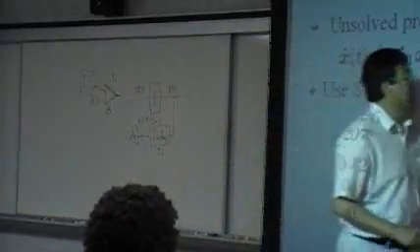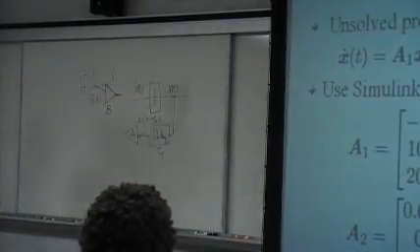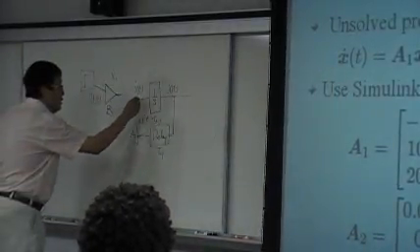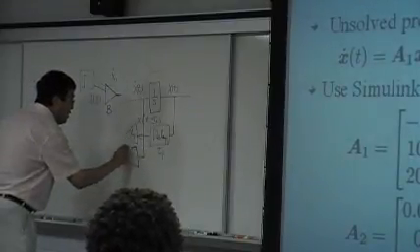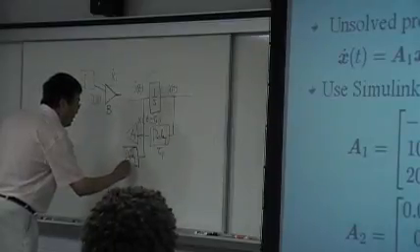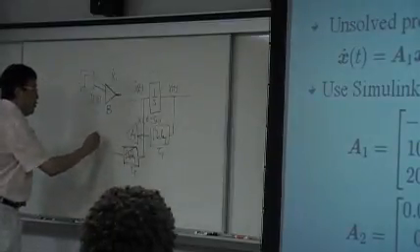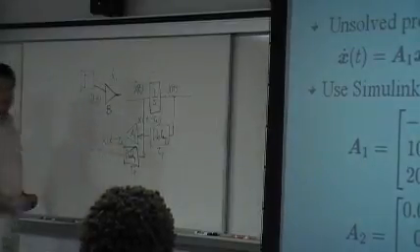And now let's check the other signal, A2 times x dot t minus tau 2. We can get the signal here, and then place a delay at time tau 2. So this signal will be x dot t minus tau 2.